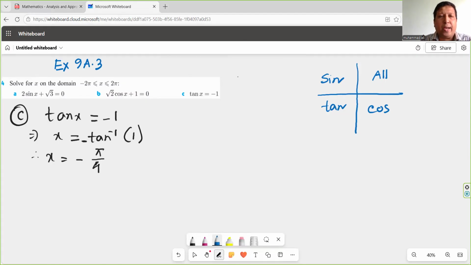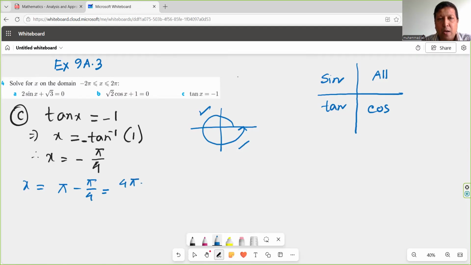So we will check where tan is negative. When we are considering anti-clockwise, tan is negative in the second quadrant and fourth quadrant. So x equals pi minus pi by 4. This angle comes in the second quadrant, 4 pi minus pi by 4. It will be 3 pi by 4.